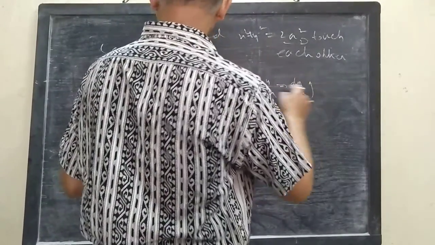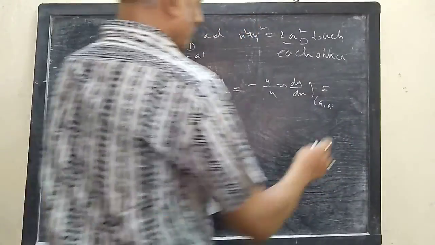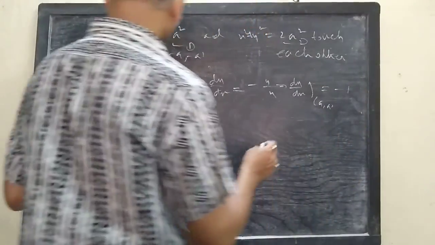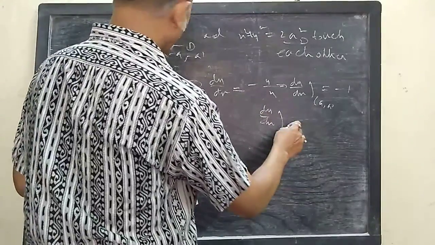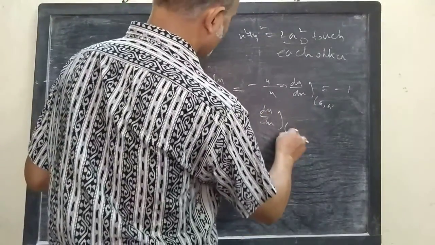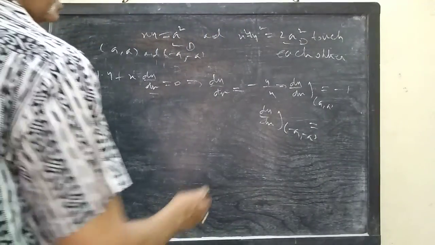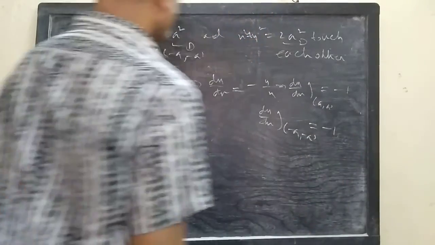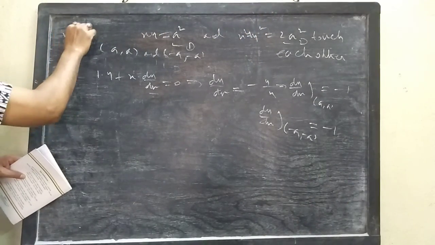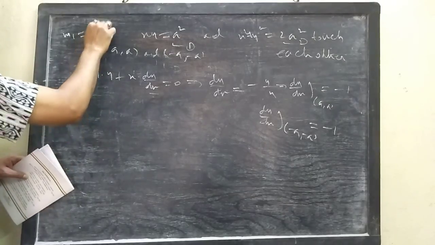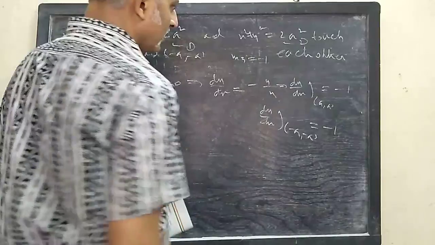So dy dx at the first point of intersection, (a, a), becomes minus 1, and dy dx at the second point of intersection, (minus a, minus a), is also minus 1. So m1 we find minus 1 and m3 we find minus 1.